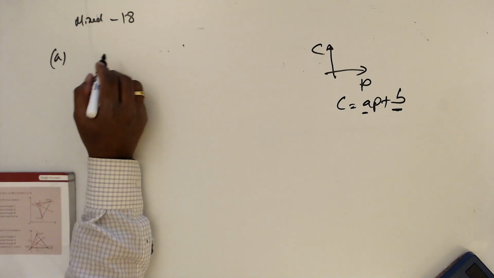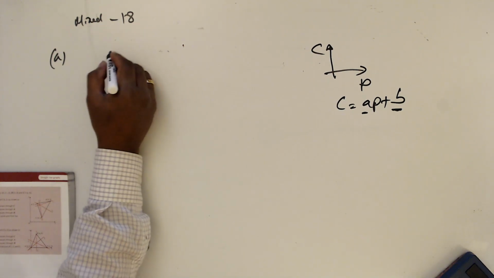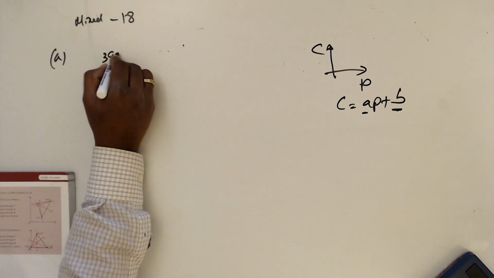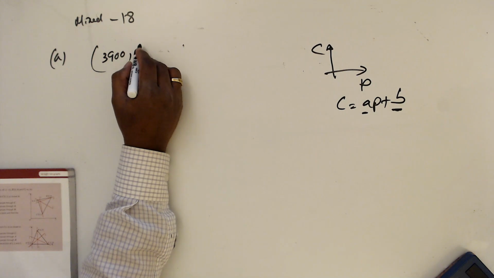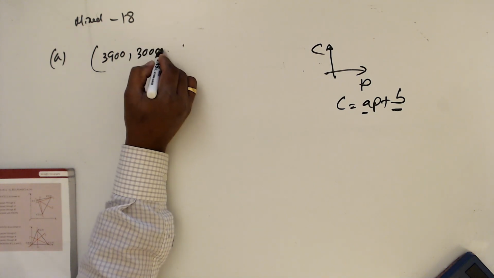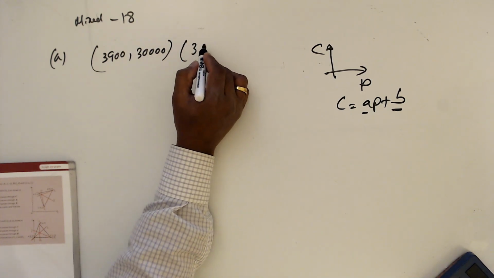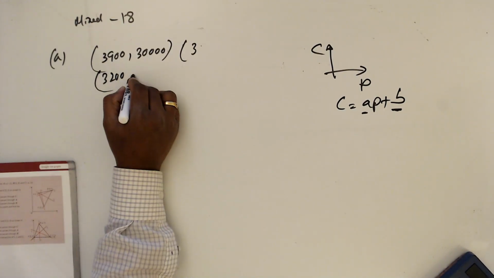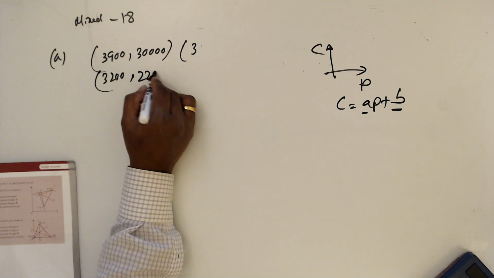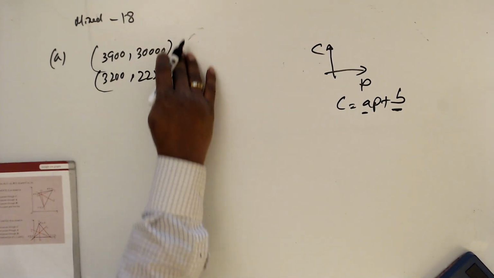So the gradient. When you look at it, you can take two good points. When the x value is 3900, you can see y is 30,000, and the x value is 3200, you can see 22,500 at another point. So we have two points.